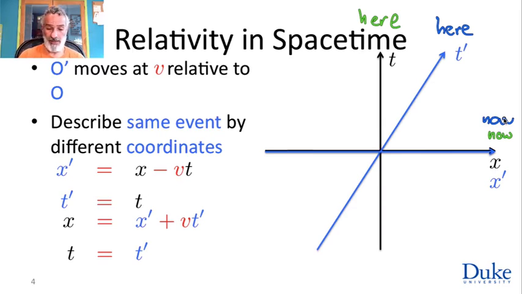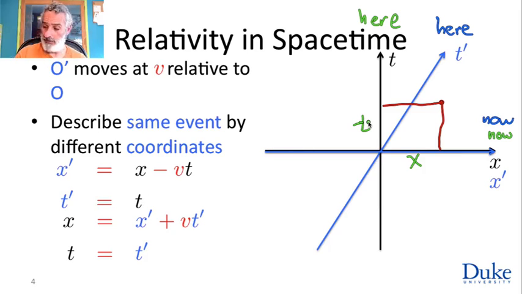And what happens then is that if there's some event going on somewhere over here, an event occurs, a birthday party takes place, well, then the black observer measures when and where the event occurred, and he declares that it occurred at a distance x from the origin, and at a time t. What does the blue observer measure?